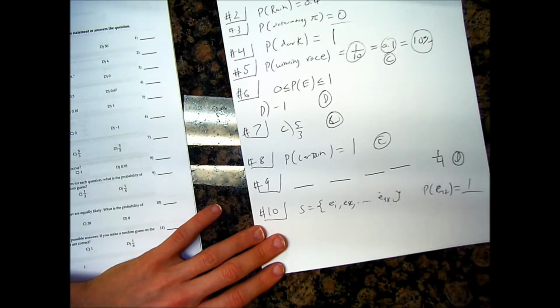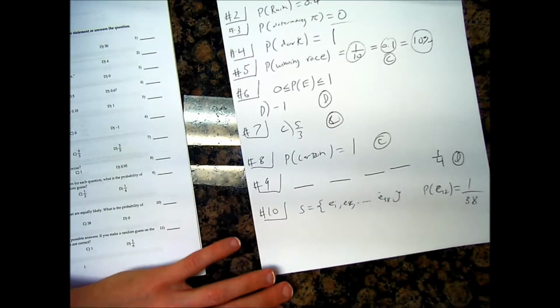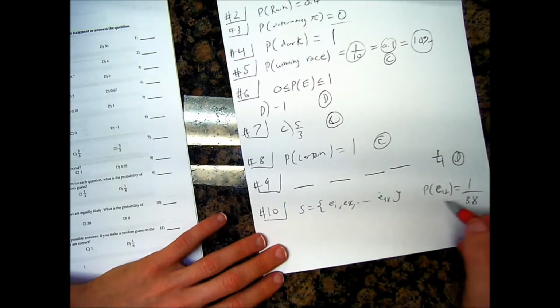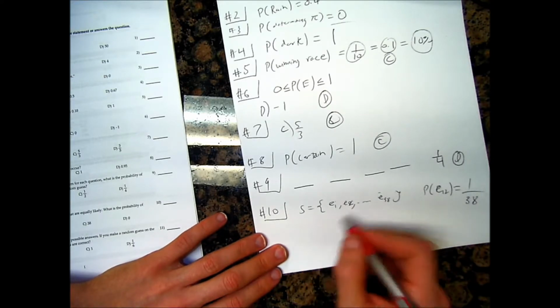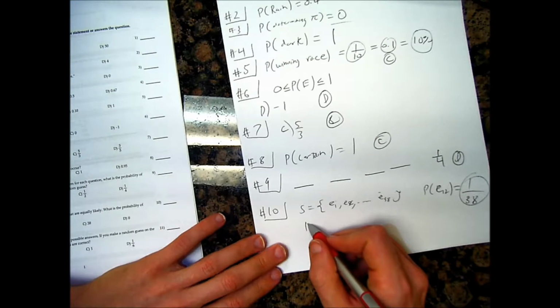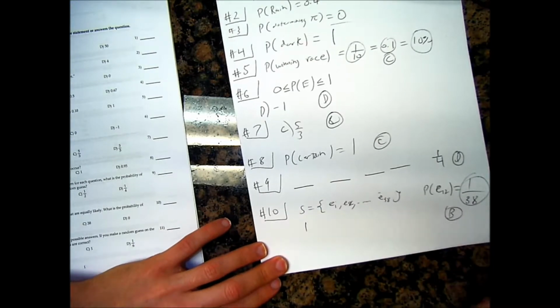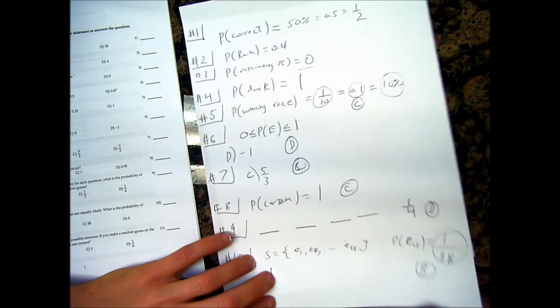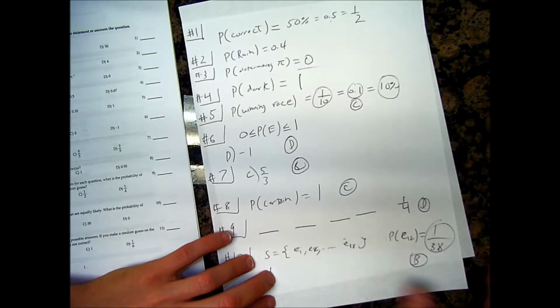Well, it's 1 out of 38. So, what's the probability of each one? Of any of those events, since there's 38 of them, it's 1 out of 38, which is B. It didn't have to be event 12. I just picked a random one just to make the point.